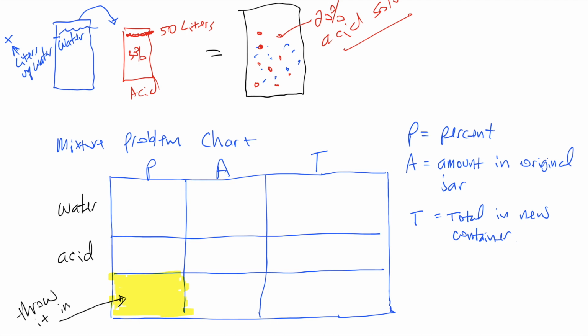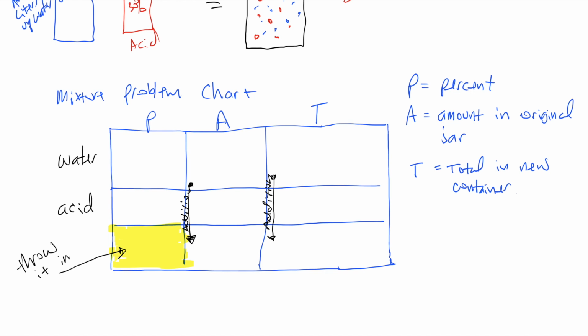These numbers you can add straight down, so this is addition, this is addition. It's easy to remember because this is times, and that's equal: that times that is that. Then you add down, and that is your setup for your mixture problem.